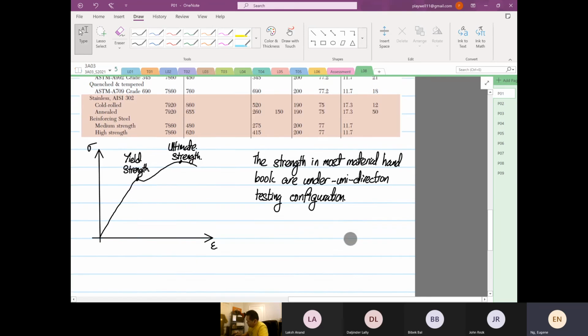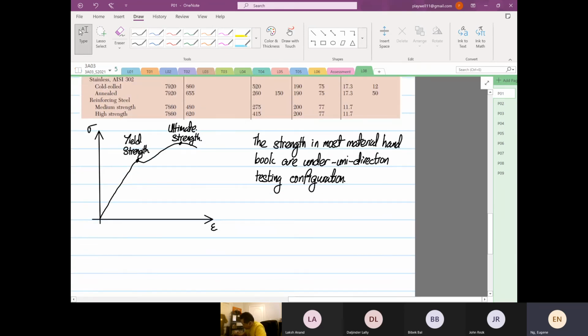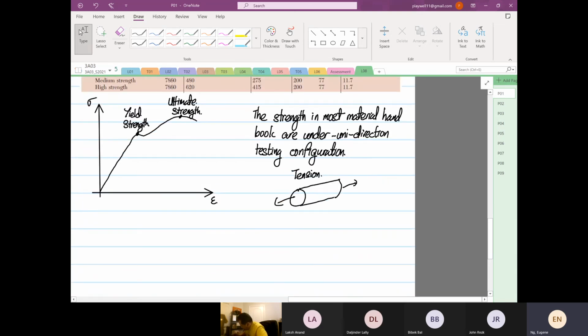So what do I mean? If they say it's tension, we have a material over here, and they pull a cylinder, or a test piece, in tension. The next one is in compression, which means they did a test and apply force.